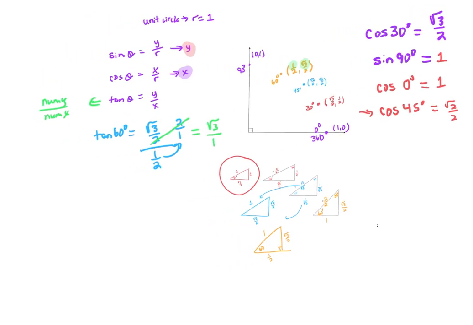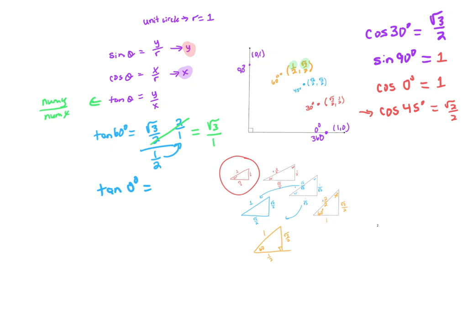Okay, so let's look at our other tangent values. Let's look at the tangent of 0 degrees. So for tangent, we're doing y over x at 0 degrees. What's that going to give us? Kira? What did you say, the tangent of 0? Yep, tangent at 0 degrees.